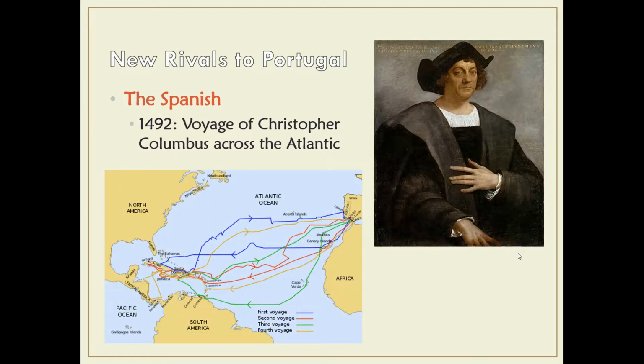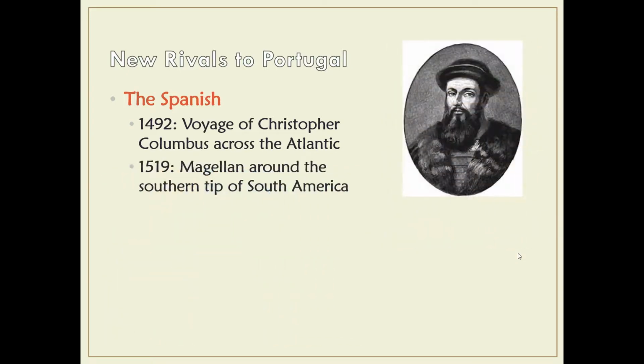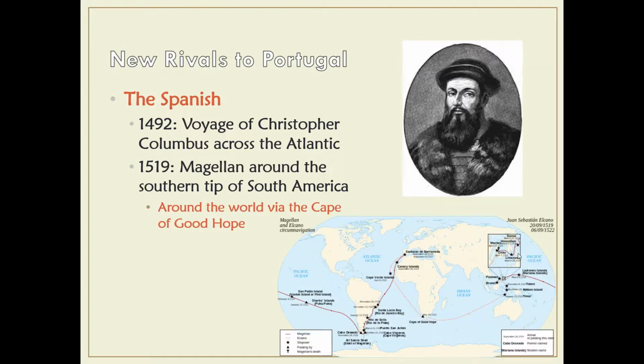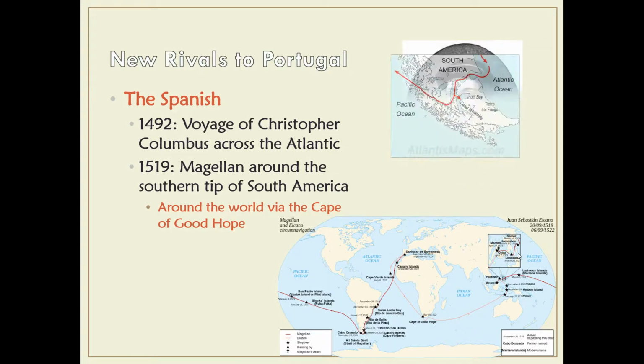In 1492, of course, the famous voyage of Christopher Columbus happens, and you have the opening up of Western trade. And then in 1519, you have Ferdinand Magellan sailing around the tip of South America and making it around the world via the Cape of Good Hope. And we'll discuss more about Magellan in class, but needless to say, he doesn't make it all the way through.